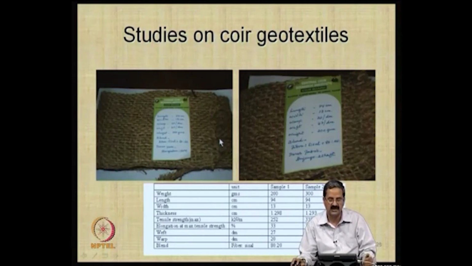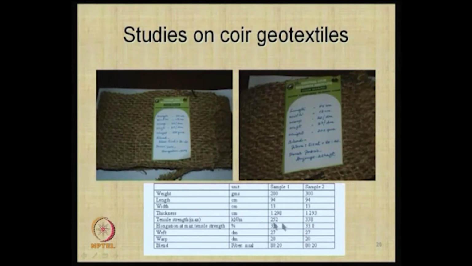In association with the Coir Board of the Government of India, I took some material where you have drainage as well as filter, and these properties are given here: what its tensile strength is, that it is a coir fiber plus sisal material, and what the thickness is.